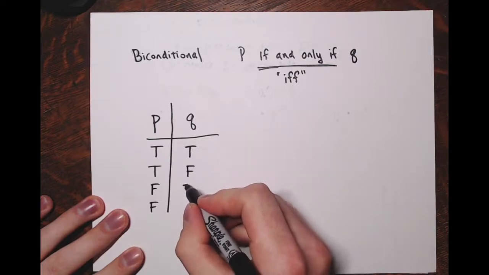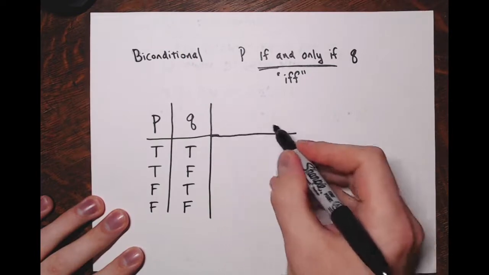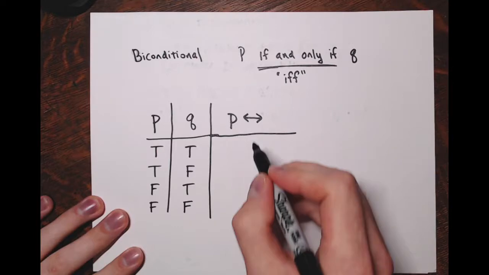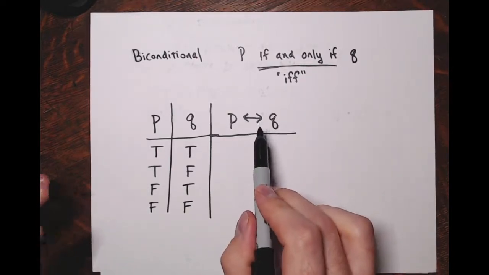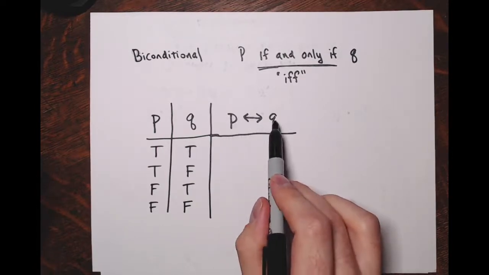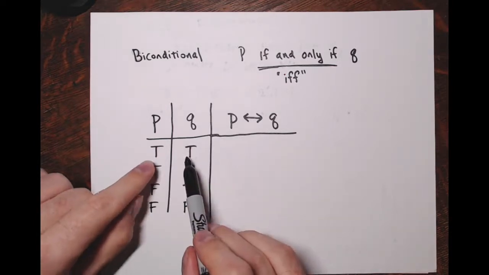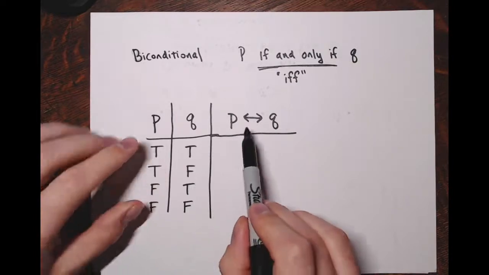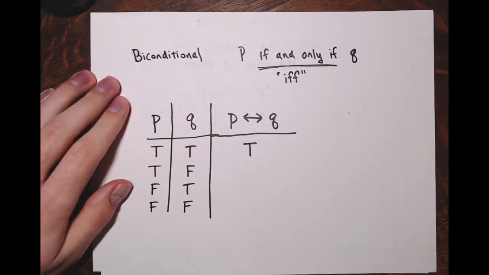All the possibilities. All right, and then we're making a truth column for P, if and only if, double arrow Q. A statement like this is going to be true only when P and Q have the same truth value. So in the first row, you see how P and Q are both true. So in that case, the biconditional statement is considered true.